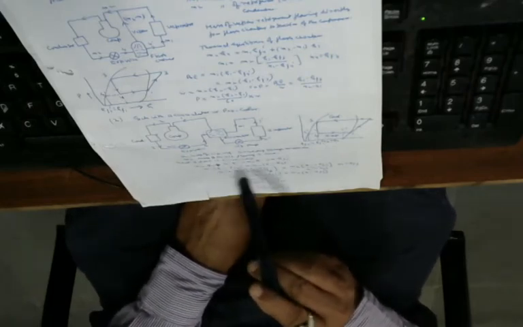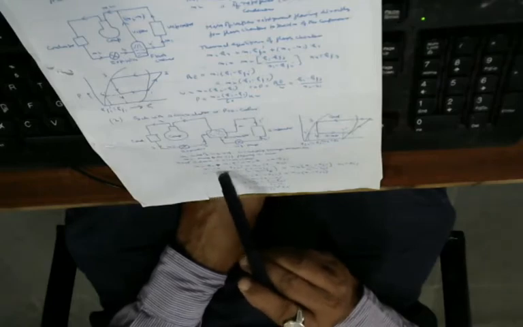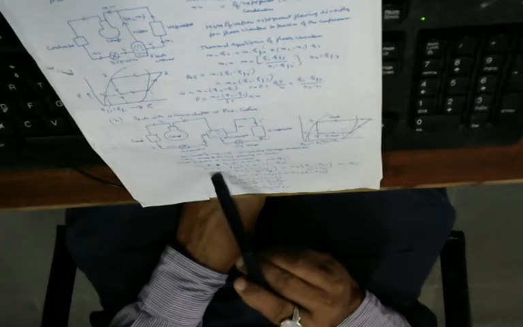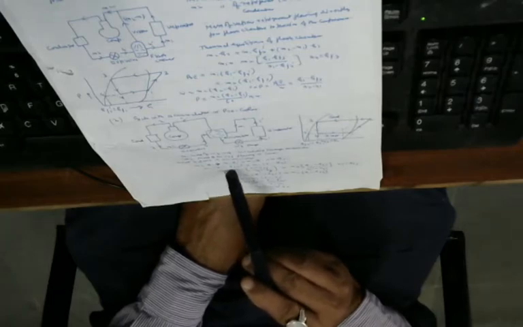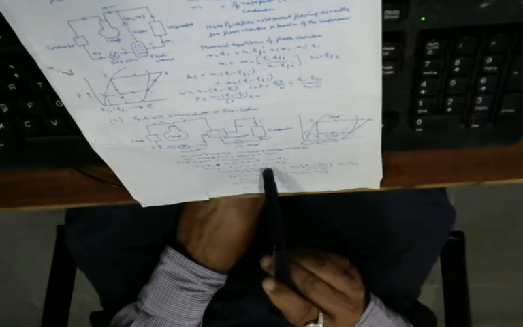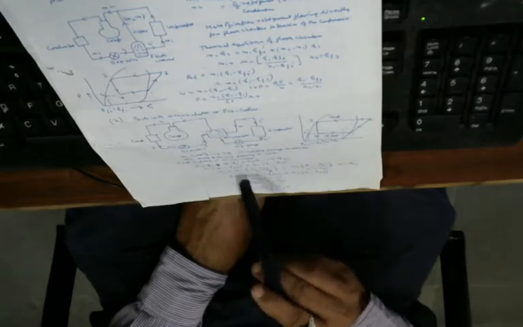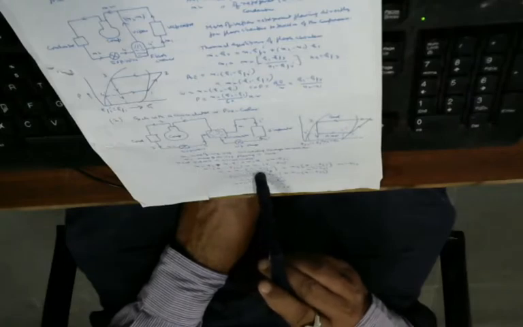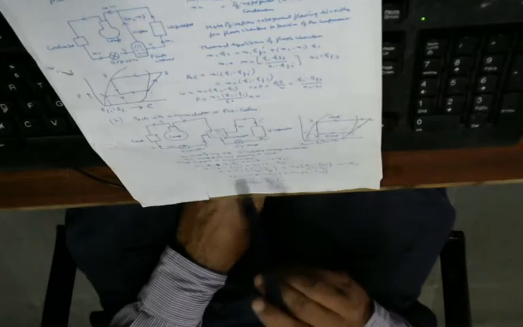Now we will make M1 one side, M2 on the other side. M1 into H1 dash minus HF4 dash equal to M2 into H1 minus H4. Therefore M1 is equal to M2 into H1 minus HF3 divided by H1 dash minus HF4 dash.